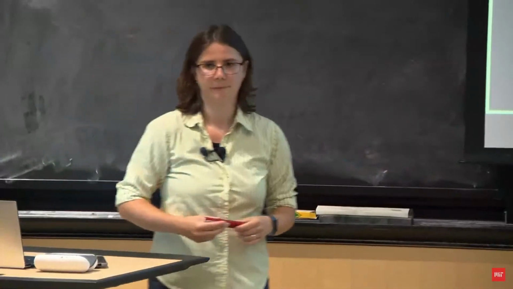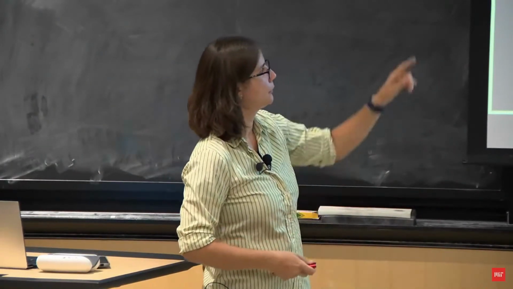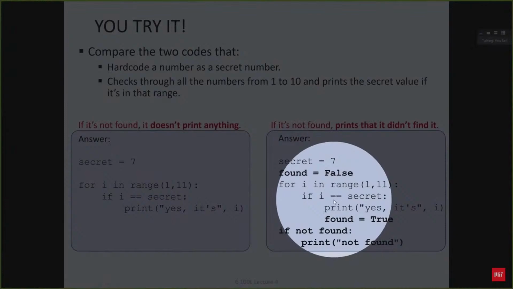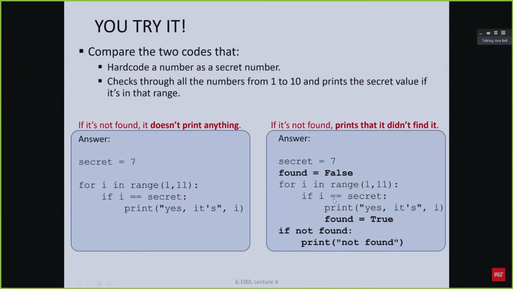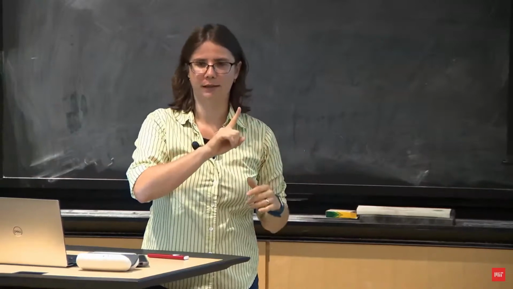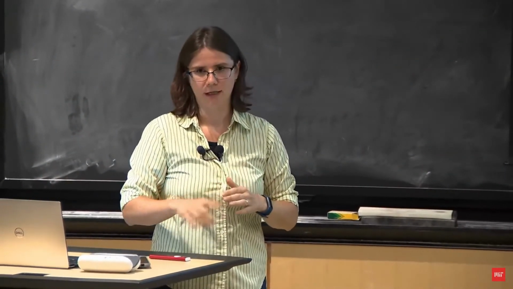Can you explain why we don't use else on the found code? I don't use else in the if, or down here? In the if? So we don't use the else inside the if i equals secret because that if or else will be done every time through the loop. And I only print that we didn't find it one time at the end, right?